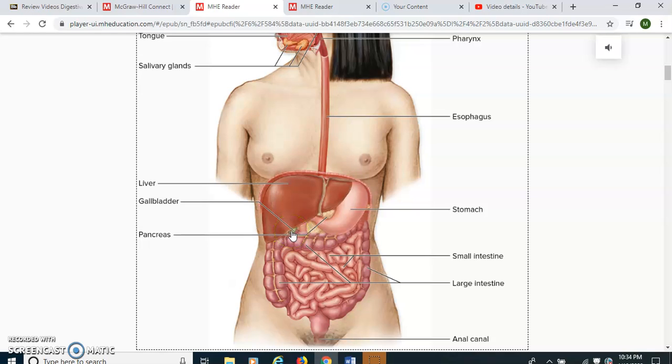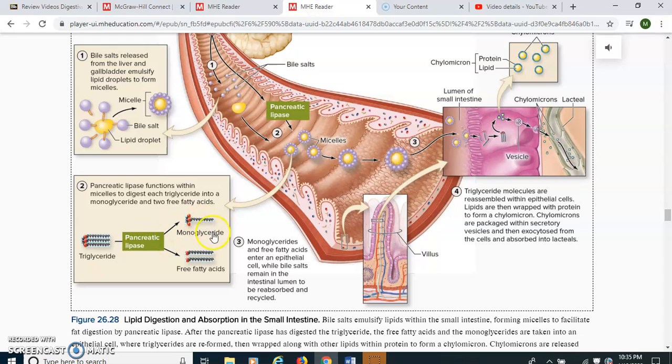Remember, the function of bile is to help mechanically digest the fats or lipids. What the bile will do is separate the large fat droplets into smaller ones, and they call that emulsification. That has to happen first, and then the pancreatic lipase can start to chemically digest the triglycerides and break them down into monoglycerides and free fatty acids.